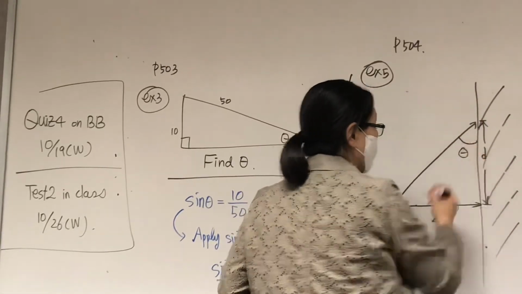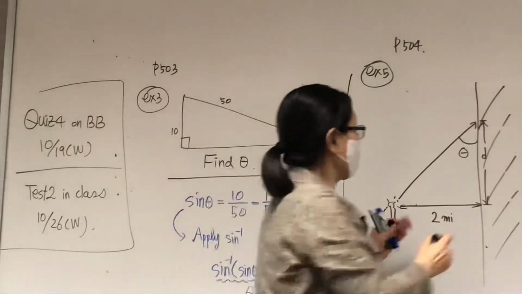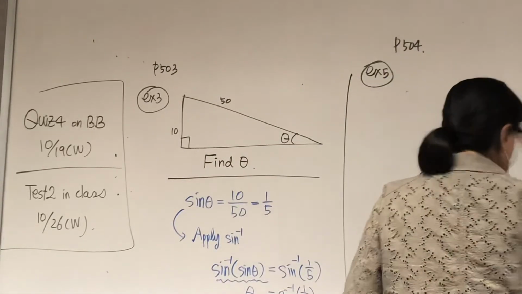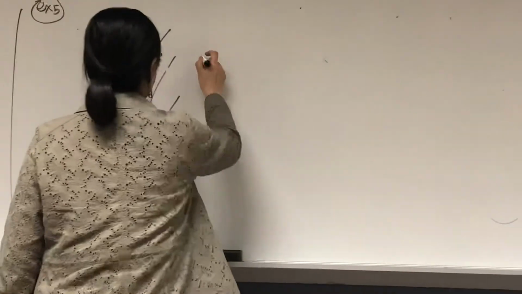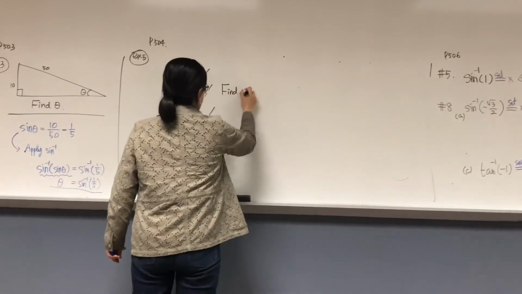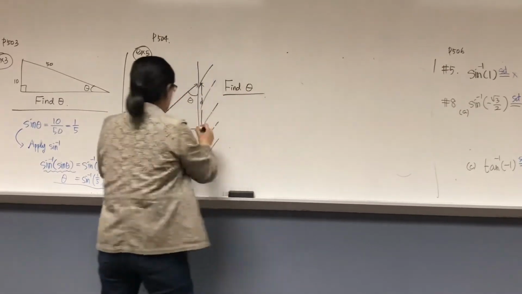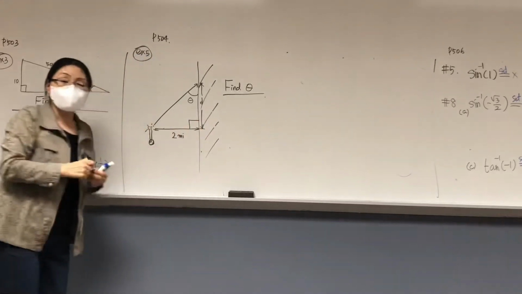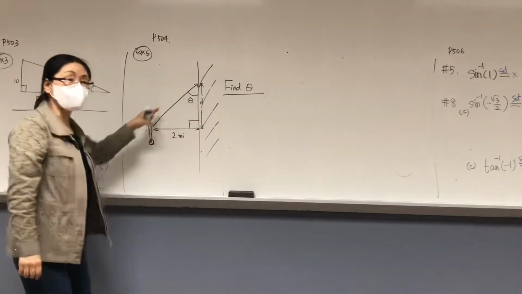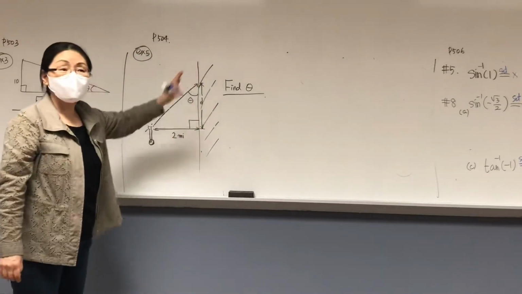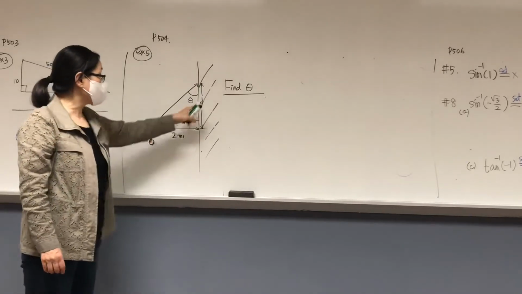Here, find theta. How do you find theta? This one is a right angle, am I right? So you have to see this triangle. What information is known? This one I know, this one I know.